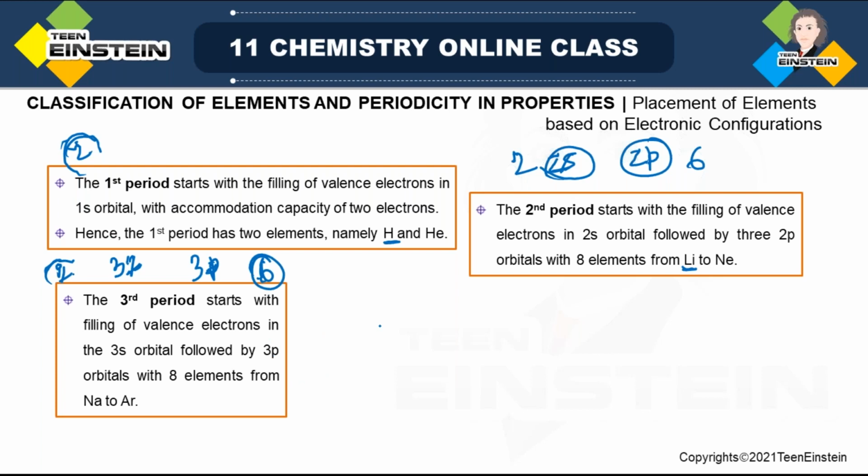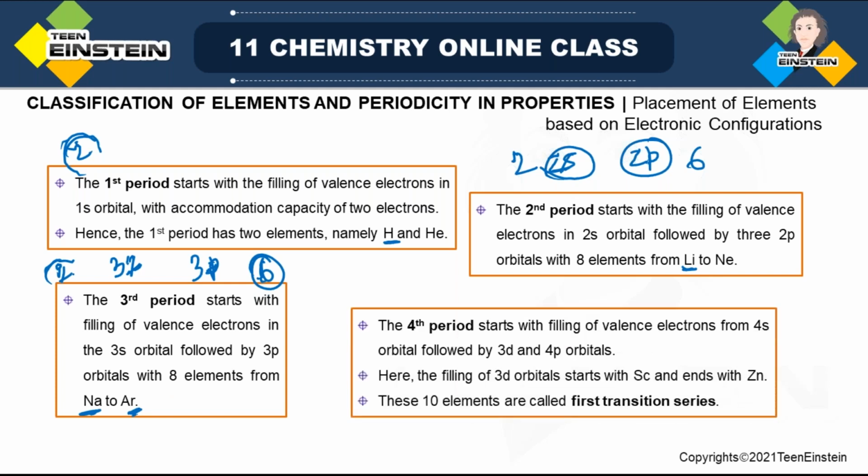So again, just like the previous period, here also we can fill 8 elements, and these 8 elements start from sodium. That is the first electronic configuration for this period: 3s1, then 3s2, then 3s2 3p1, and in this way it will end at 3s2 3p6. It starts from sodium and ends at the noble gas, that is group 18, which is argon.